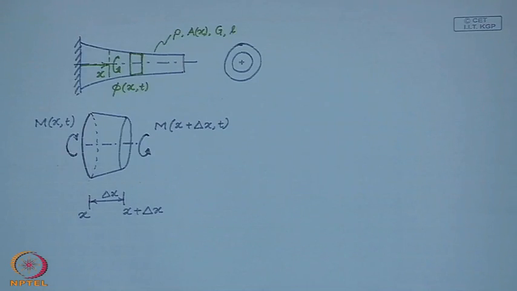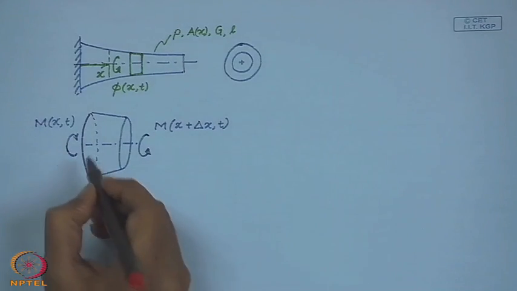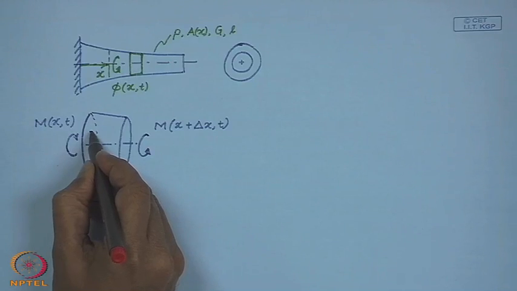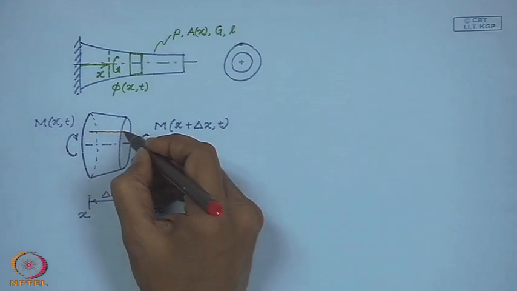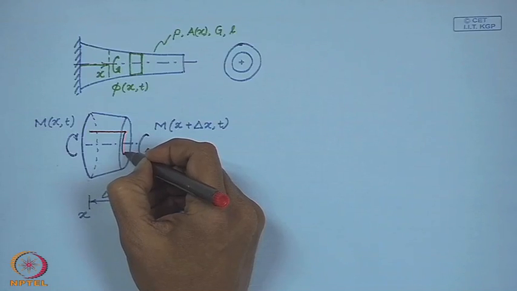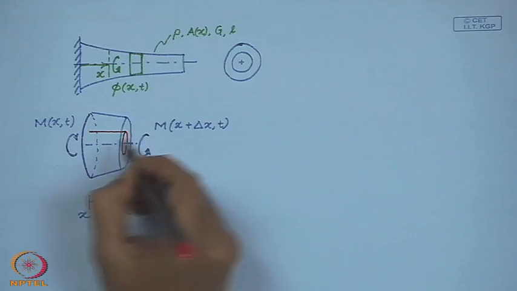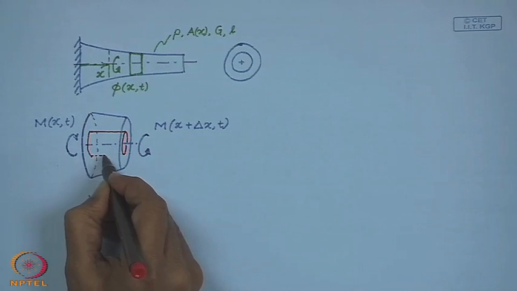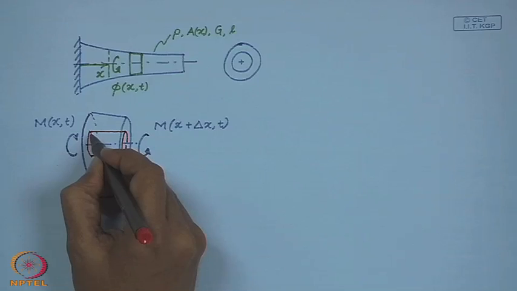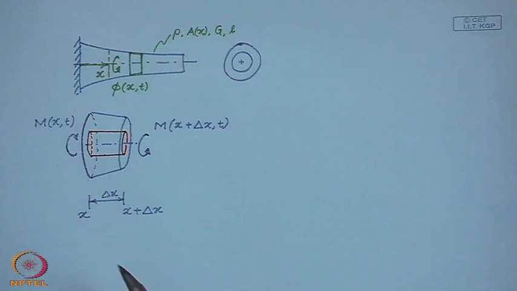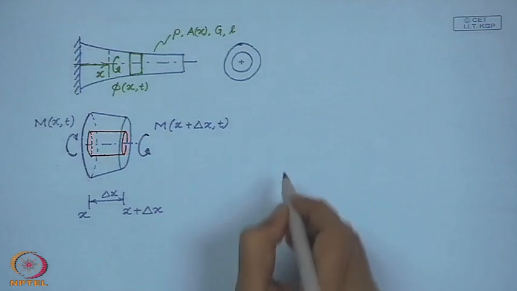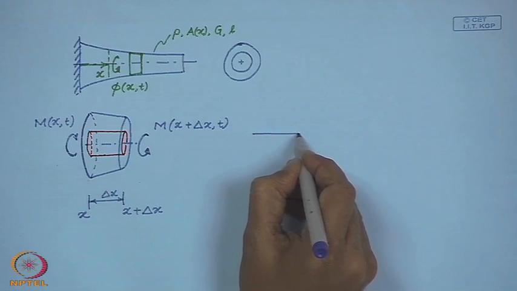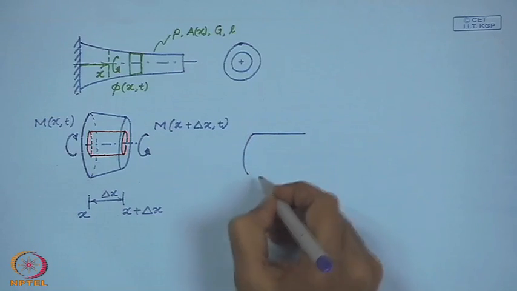Now, inside this little element, we are going to consider a ring of certain radius r. I will draw this ring separately.